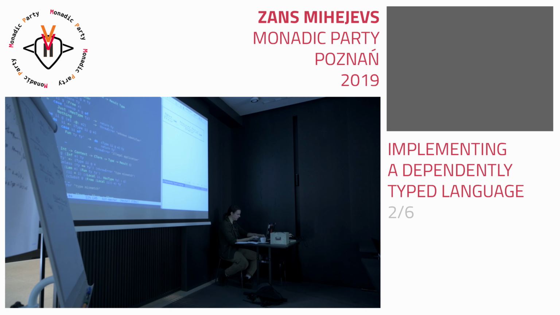Let's see. Right, yeah, so where did we leave off? We've done the inference, and then the checking function again takes the index and the context, the checkable term, the type against which we're checking, and the result. So again, we had check kind earlier, and now we have check type.